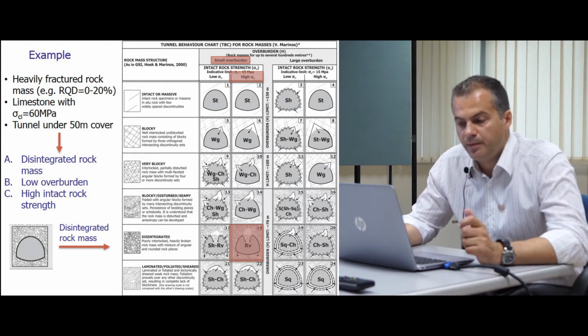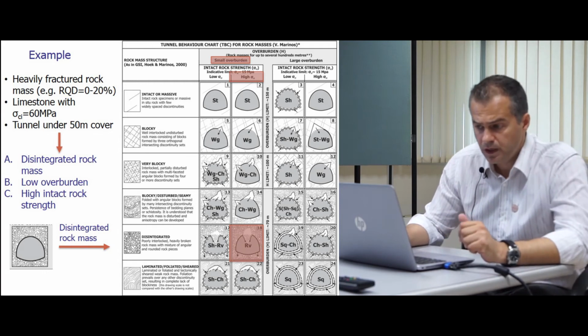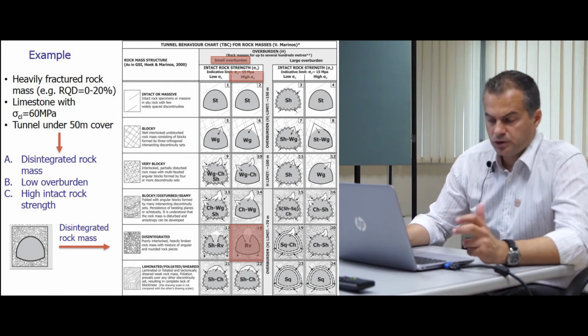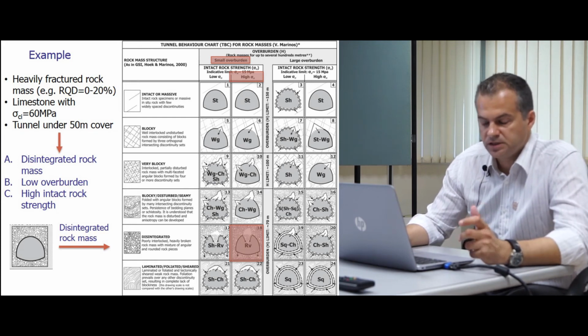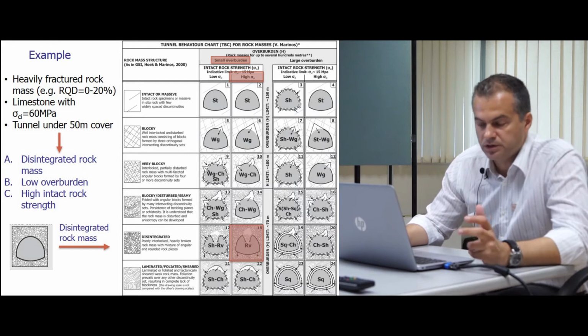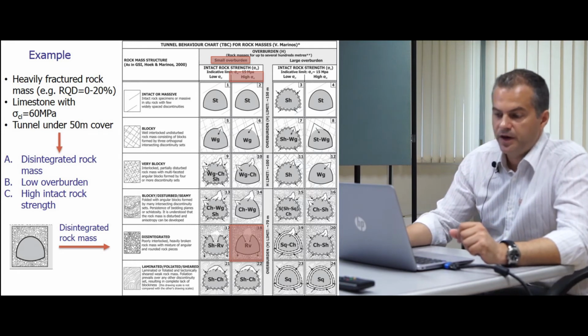So if we have an example of a heavily fractured rock mass, let's say an RQD of 0 to 20%, a limestone with a sigma CI, a UCS, uniaxial compressive strength, of about 60 megapascal, and a tunnel under a 50-meter cover, then we will have a disintegrated rock mass.